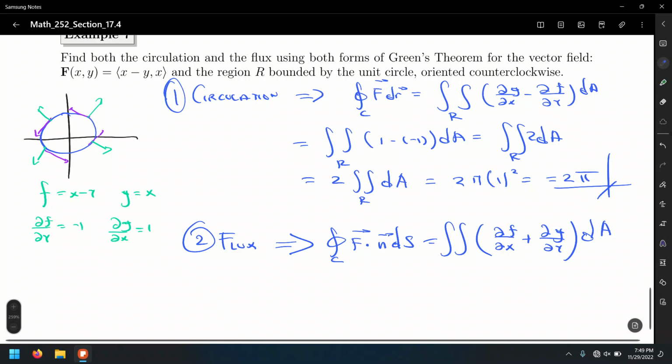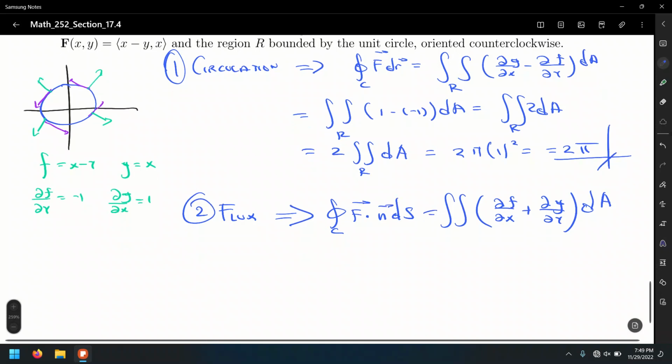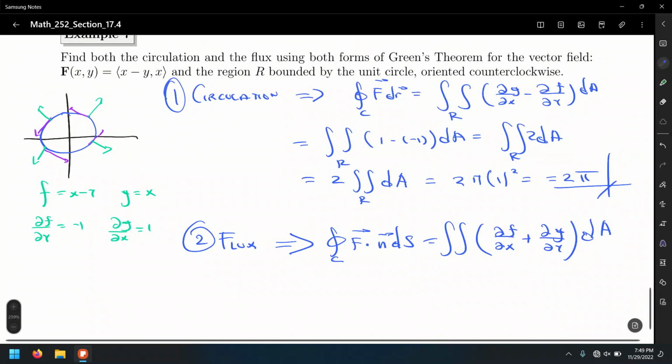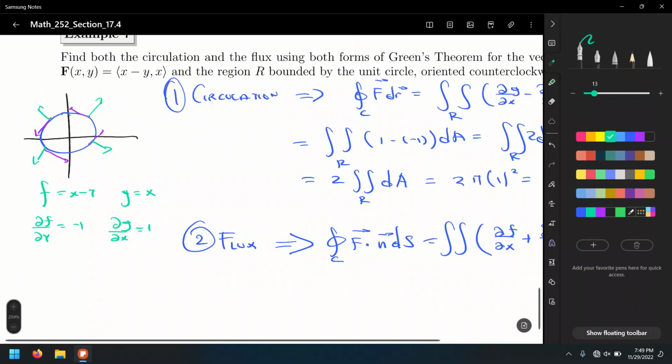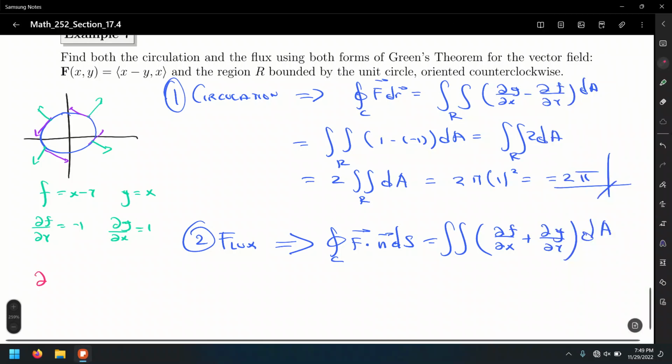So how about we take the partials again. Now we need to find the partial of F with respect to x. The partial of F with respect to x is 1, and the partial of G with respect to y equals 0.